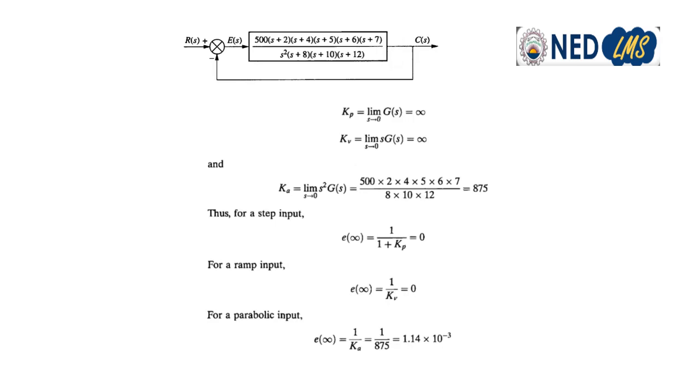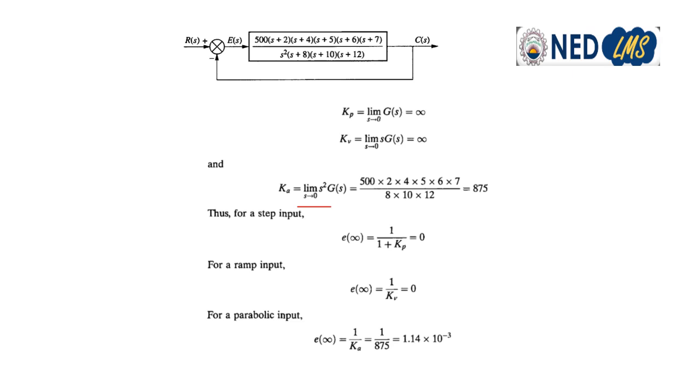And now for a second type, type 2 system, we have s square in the integrator. In this case we can see easily that Kp is infinity. When we apply the limit, Kv is also infinity, but we have a finite magnitude of the parabolic error constant Ka when we apply the limit s tends to 0 of s square G of s.